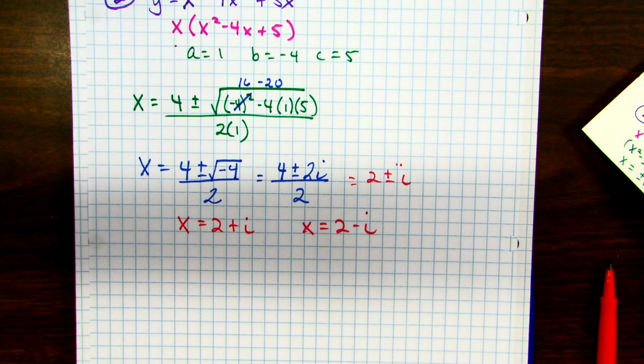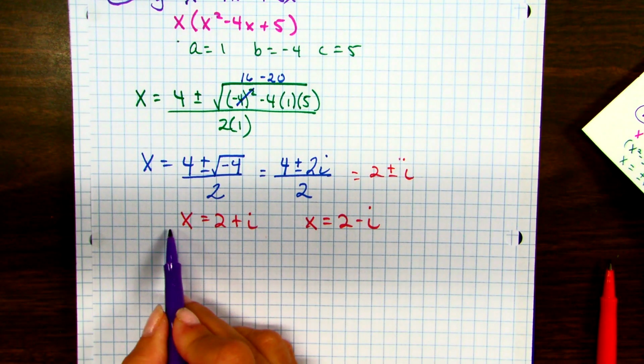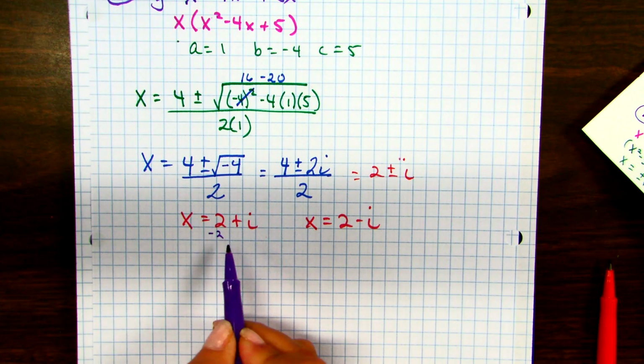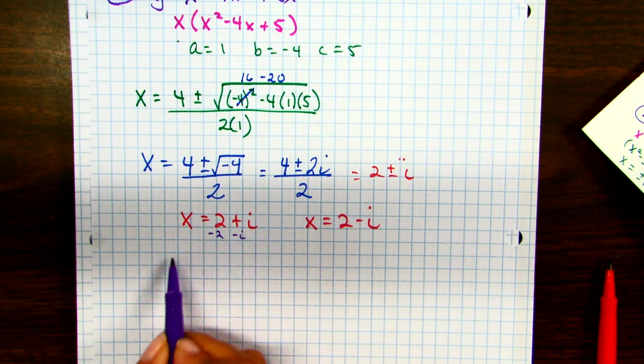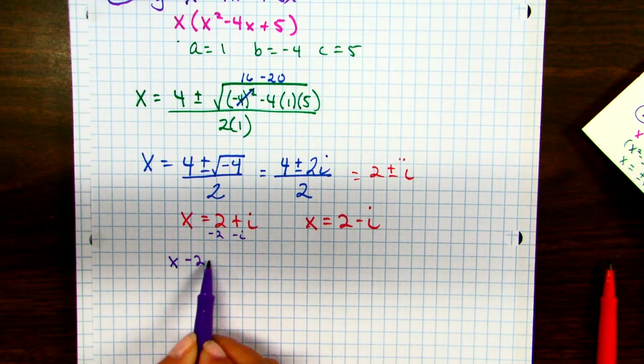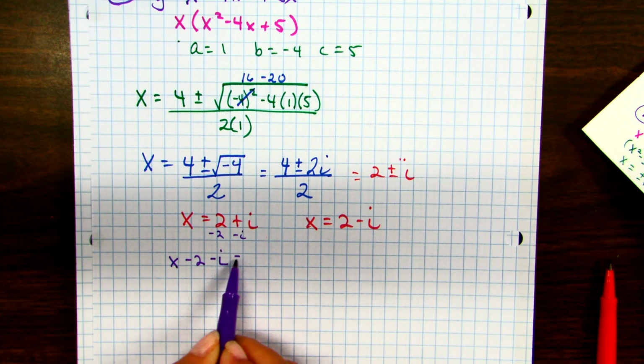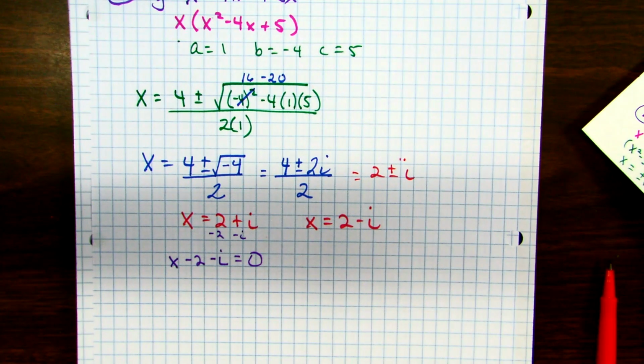Following the rules you learned literally in pre-algebra, how do I move a 2 from right side to left side? I would subtract it, right? And I'm going to subtract it on that side. How would I move a positive i from the right side to left side? I would subtract it. So I would have -2 and minus i and nothing left on the right side.